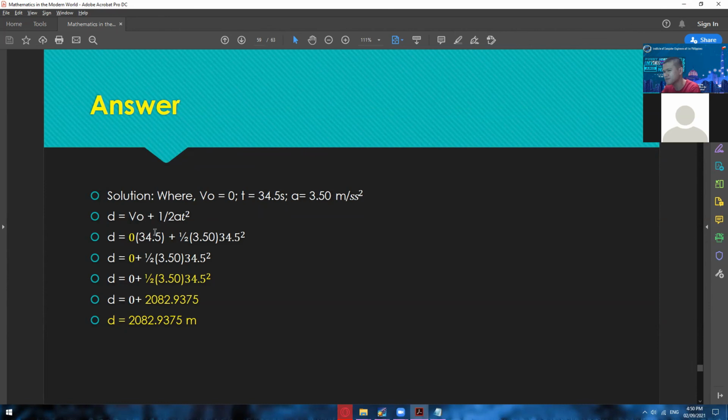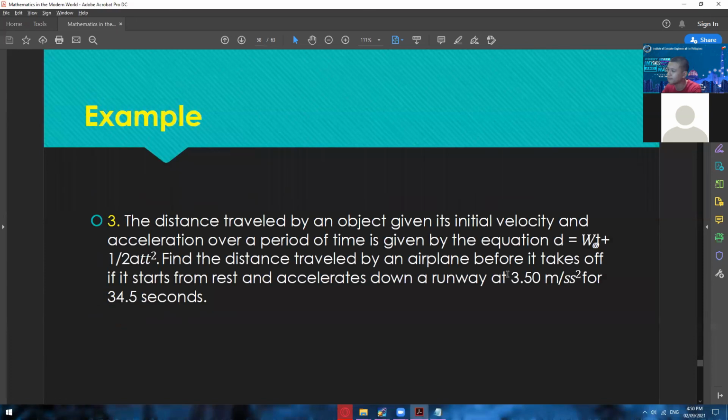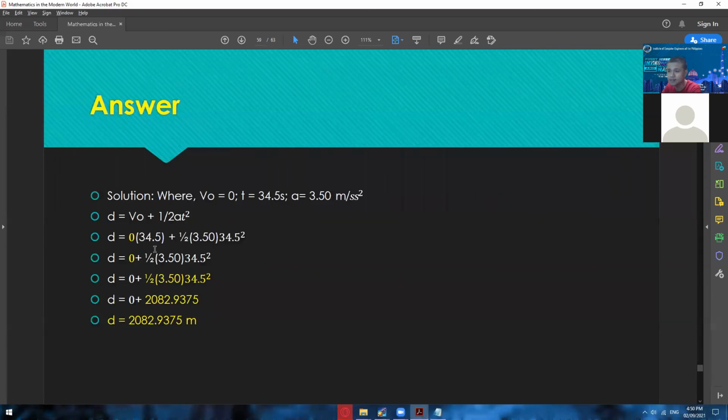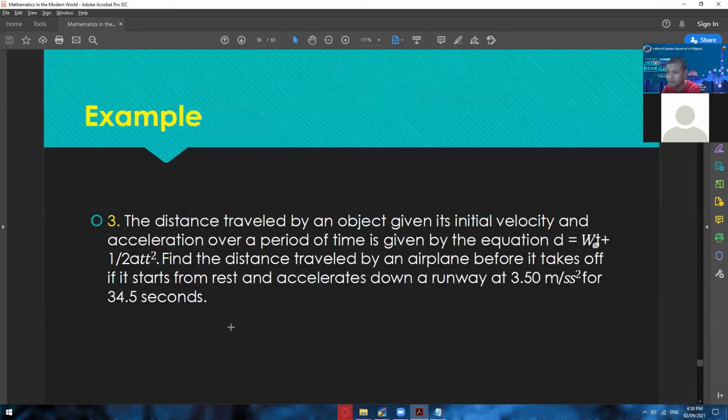I will fix this one later on, and then I will re-upload the fixed presentation. Anyway, this one is already 0, since 0 multiplied by this number is 0, and then whatever is the computation of this one will be 2082.9375. So he was able to travel 2082.93 meters, with this kind of speed and a time span of 34.5 seconds.